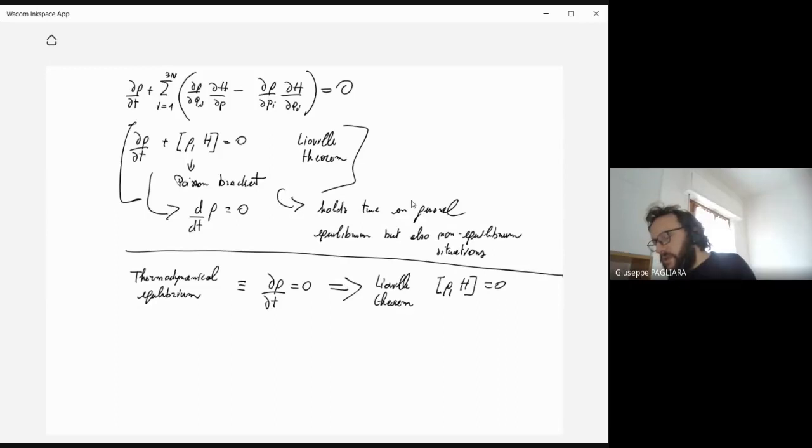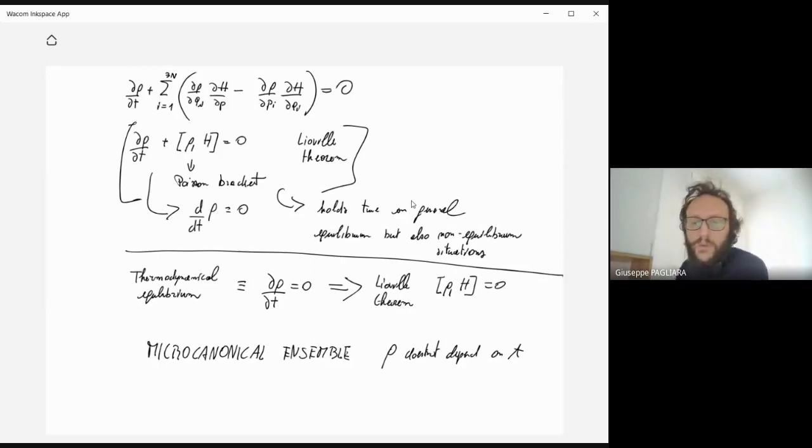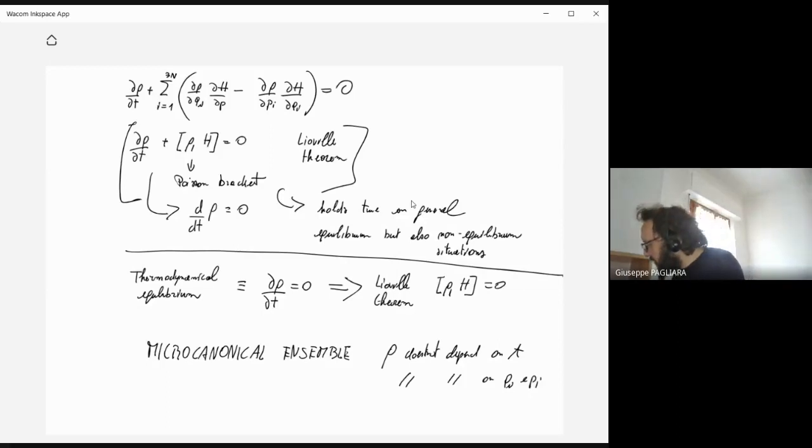The first ensemble that we introduce, which allows us to solve this equation trivially, is the so-called microcanonical ensemble, in which case rho does not depend on t, as it should be if you want to describe thermodynamical equilibrium, but also does not depend on q_i and p_i. So basically rho is constant.